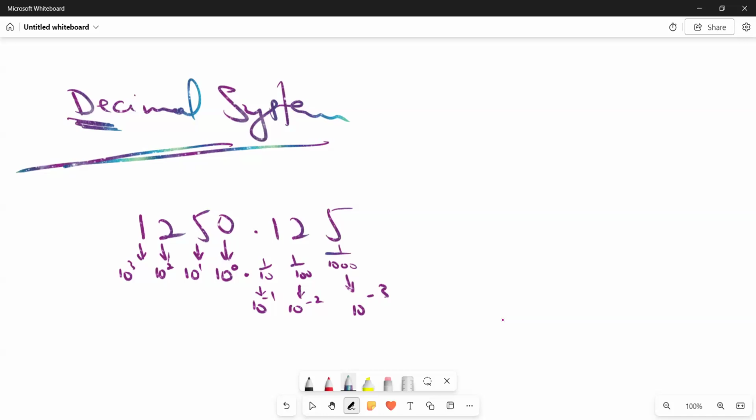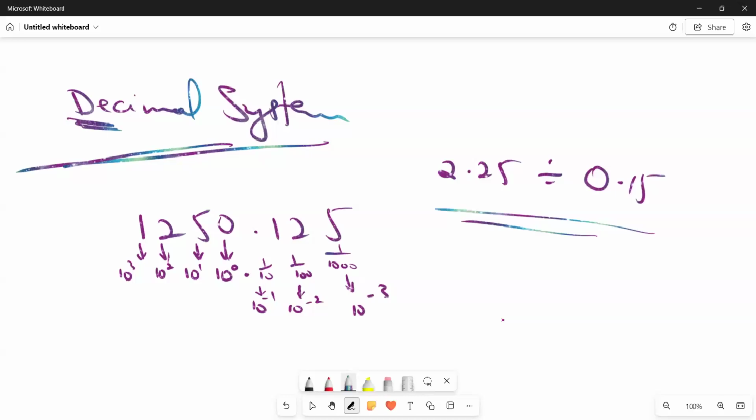And think about if you have something like 2.25 divided by 0.15, and you have to do this on paper. It's going to be very tedious. But if you end up being an elementary school teacher, when you go to college, they're going to drill this in you.